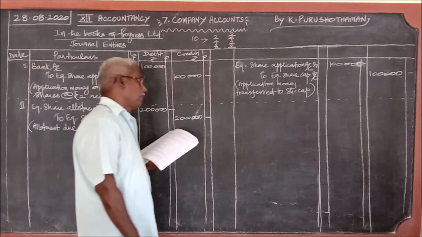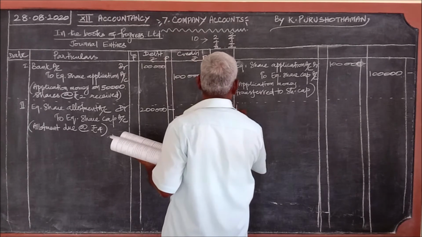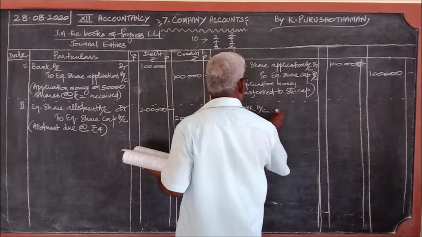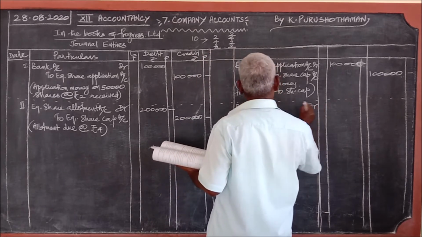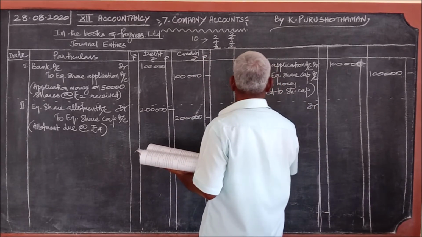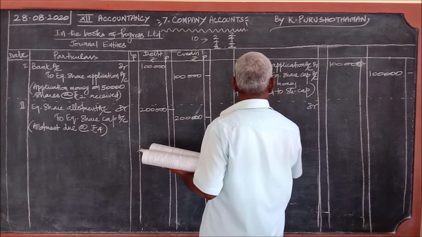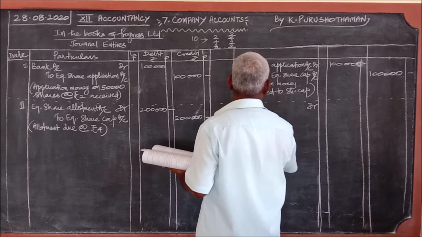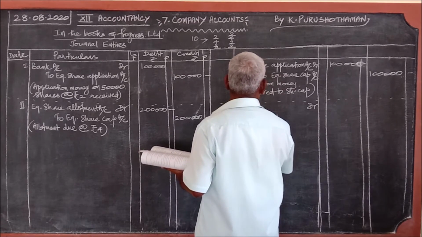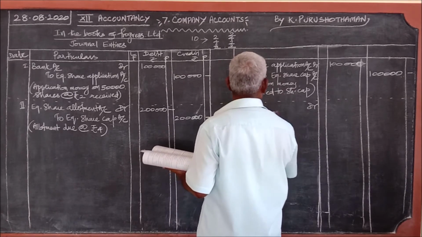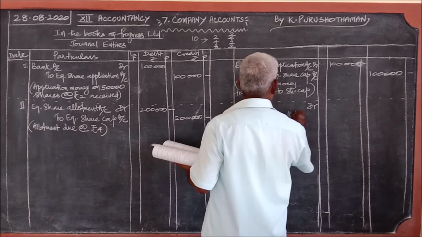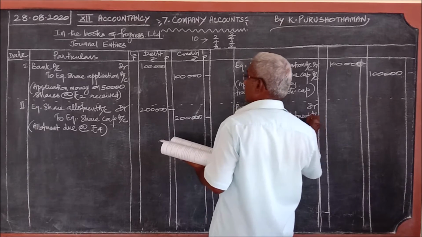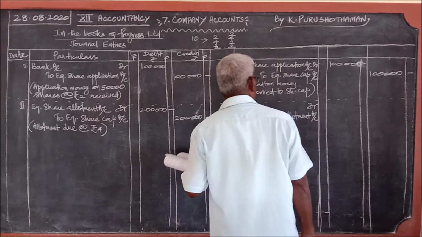After this, bank account debit to equity share allotment account.